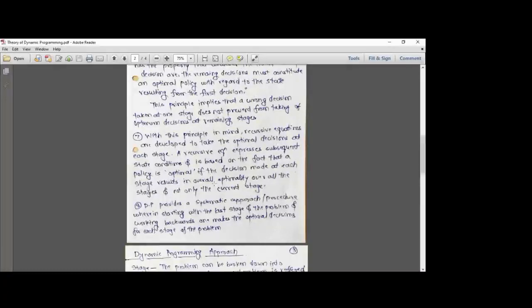So a recursive equation is going to be made for every stage, and that recursive equation expresses the subsequent state condition. These recursive state conditions take the previous stages into consideration as well. Because of that, the total targeted optimality of the project that we need to satisfy is going to get achieved, and it is not going to get affected.